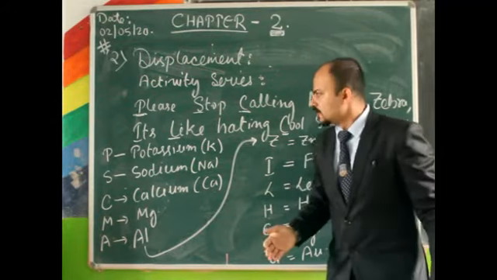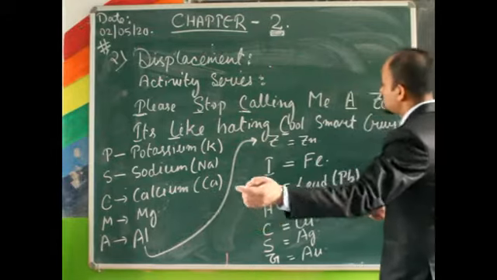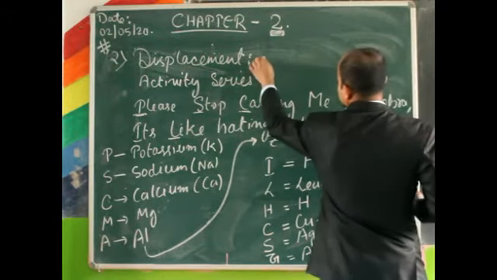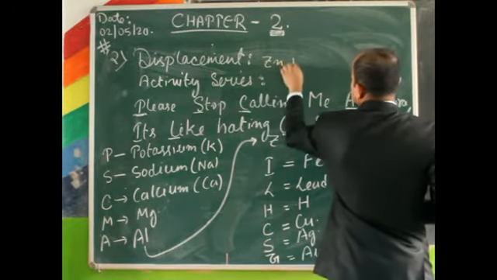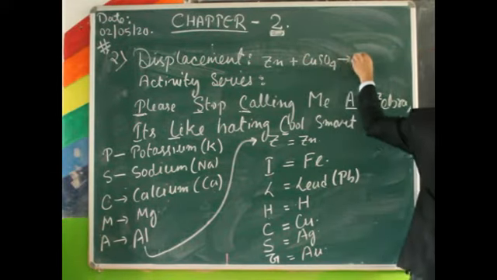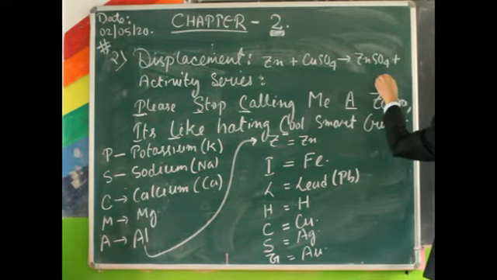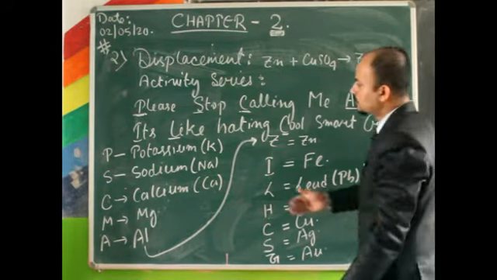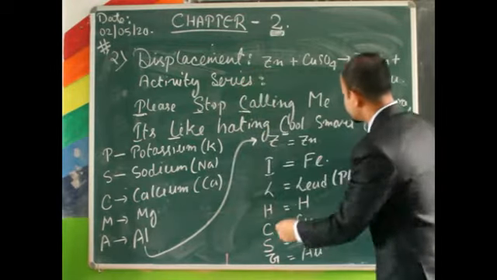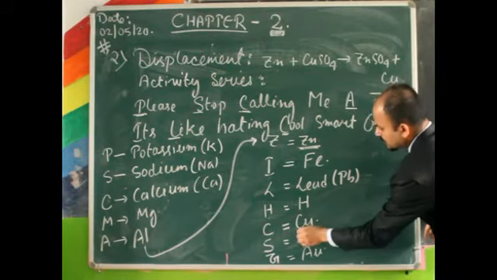That means, suppose last time we discussed zinc reacting with copper sulfate to give zinc sulfate plus copper. So here, look at the position of zinc. Zinc is here. And look at the position of copper. Copper is here.